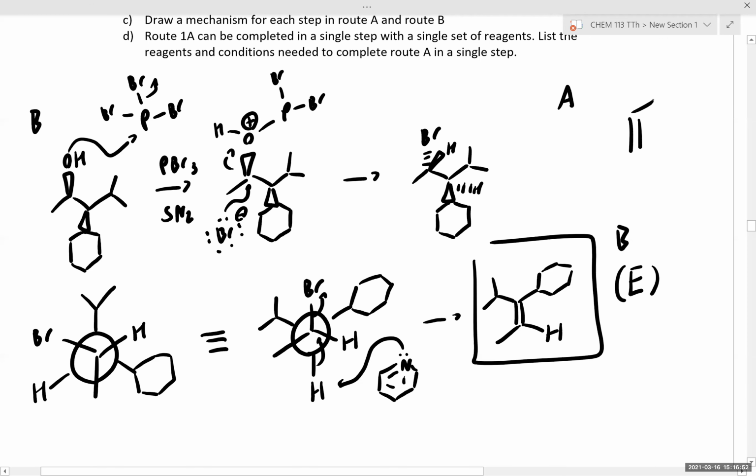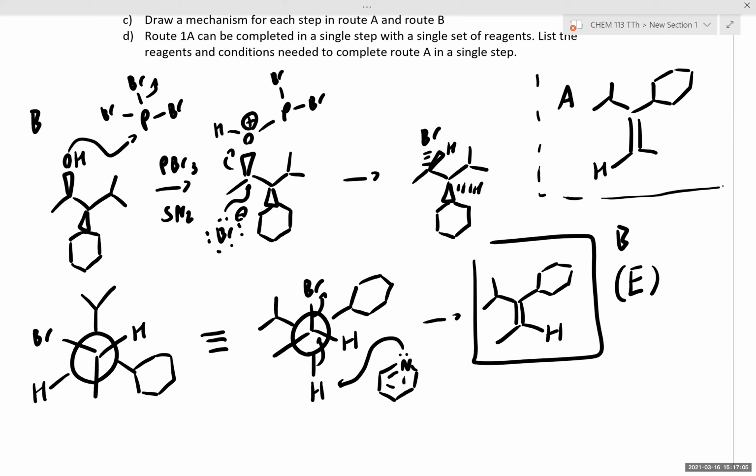If we compare to route A, does everyone see the difference between our two routes, how they give different alkene geometries? We talked about this in the chapter 16 and 17 note set.